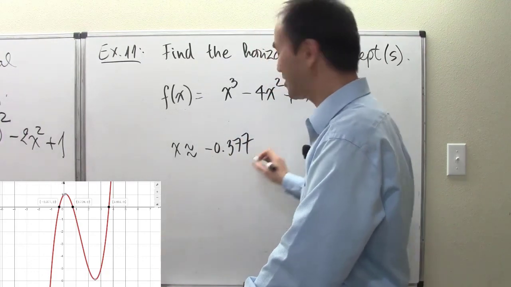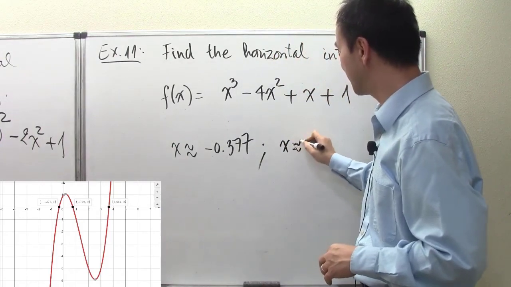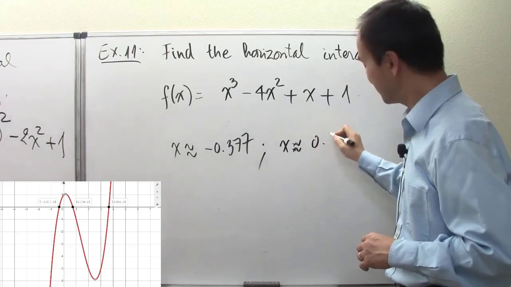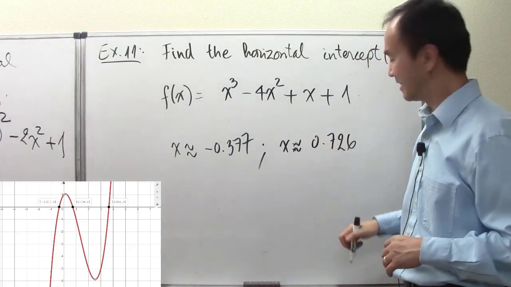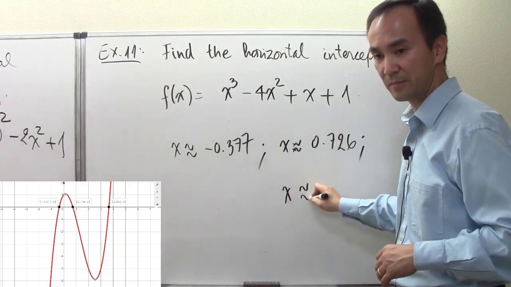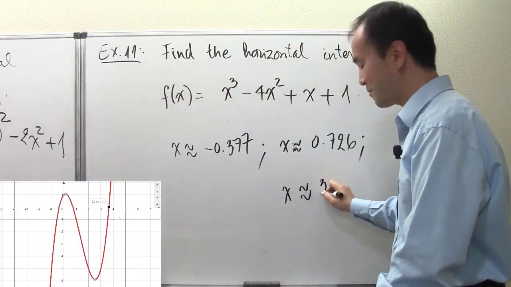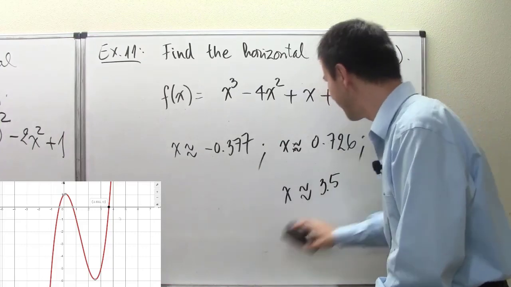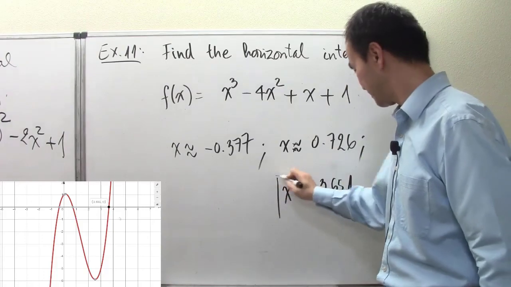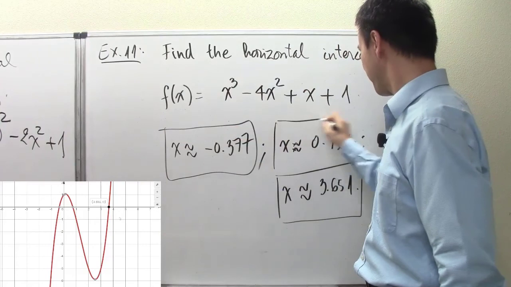Another one that I found was x equals about 0.726. And then the last one here is x estimated about 3.651. So the graph obviously showed us there are 3 horizontal intercepts.